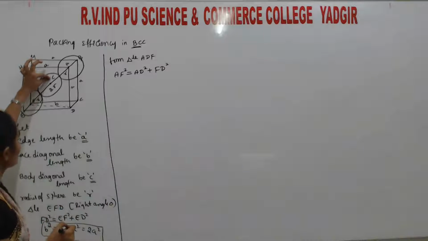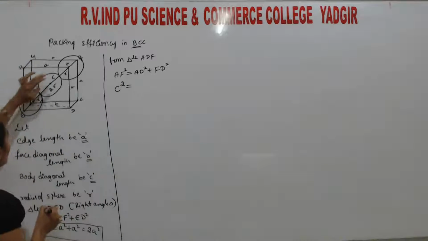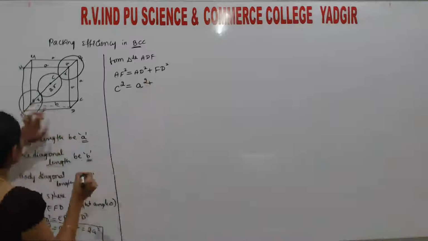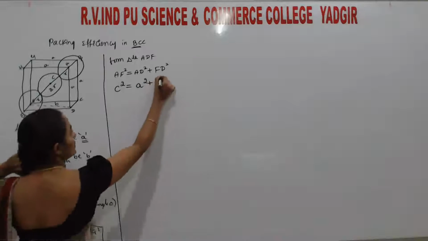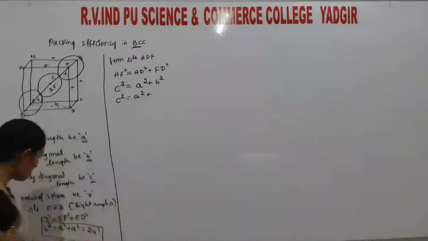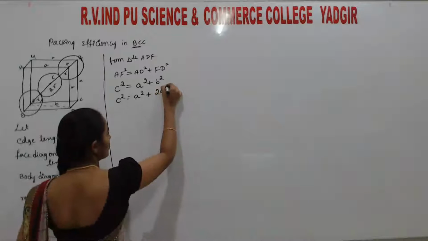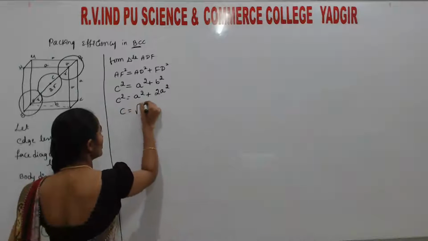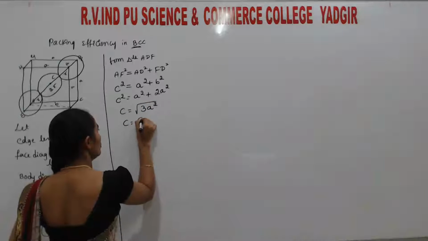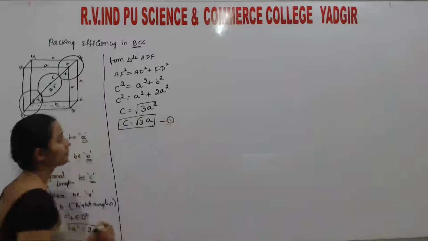AF here is c, AD is a, and FD is b. So c square is equal to a square plus b square. Substituting b square equals 2a square, c is equal to the square root of 3a square, so c is equal to root 3 a. This is equation 1.